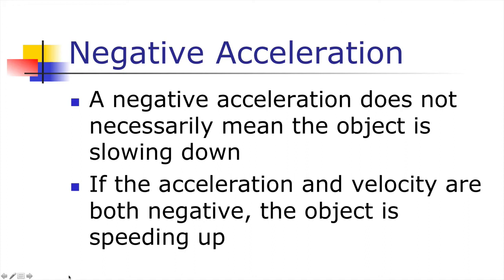If the car is moving in this direction and it's slowing down, then you will end up with a negative acceleration. Your acceleration is going to be less than 0. But for now let's limit it to that. Negative acceleration doesn't always mean that the car is slowing down. Maybe it's speeding up.